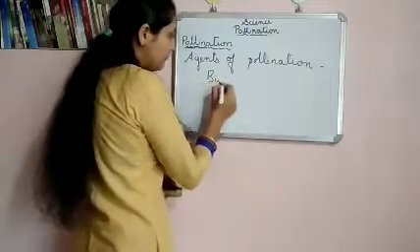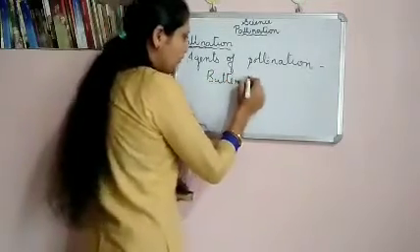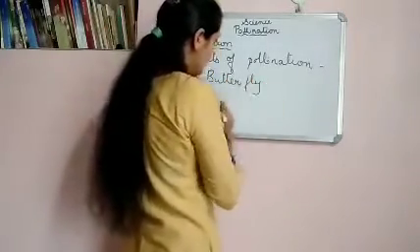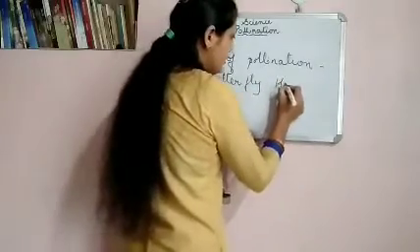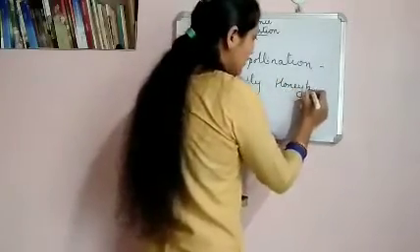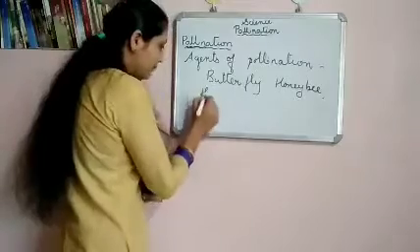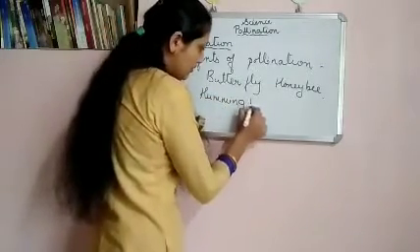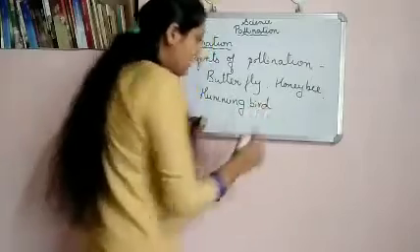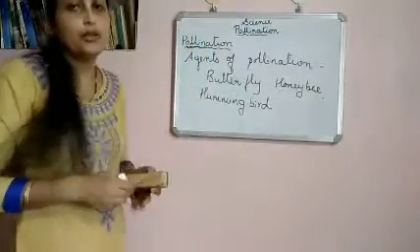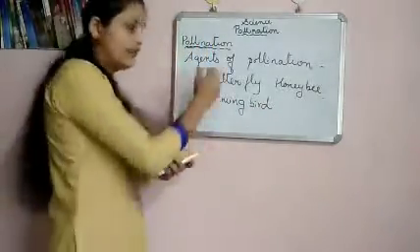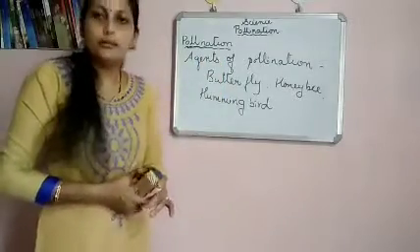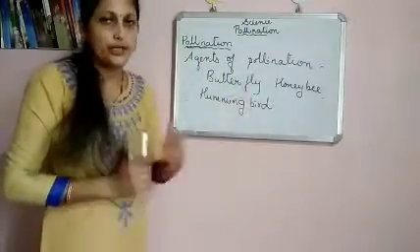Butterfly, honeybee, and hummingbird are agents of pollination. While sucking nectar, the pollen grains stick to their body parts.